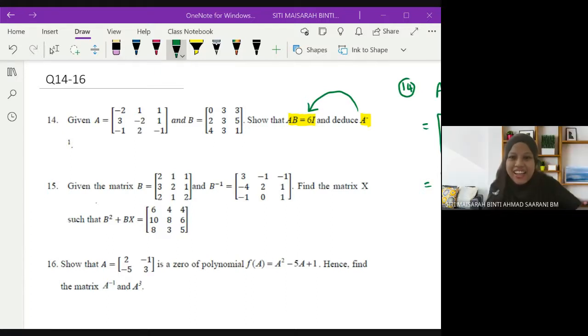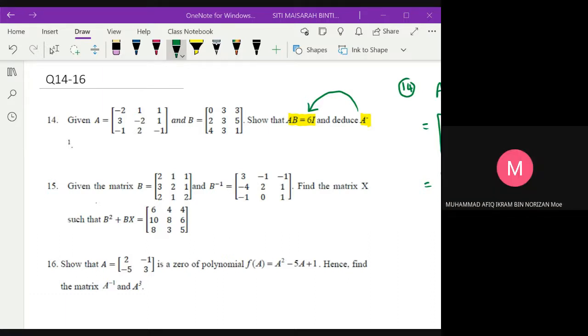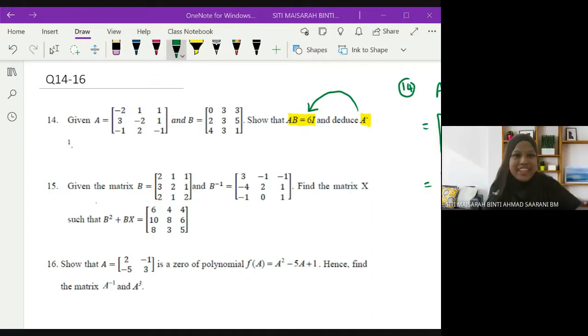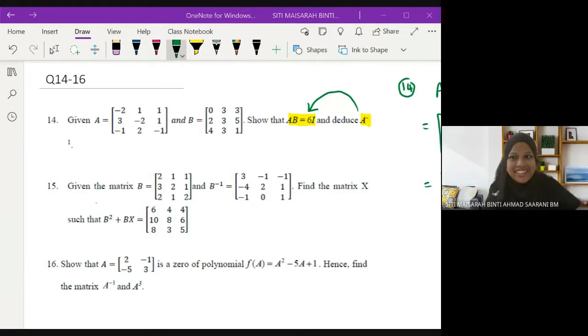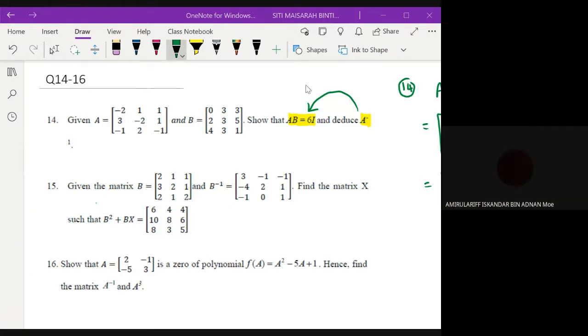Yang lain okey tak nak tekan kalkulator? Okey. Kalkulator mana yang tak okey? Which calculator? Kalkulator besar, yang hitam tu. Okey.